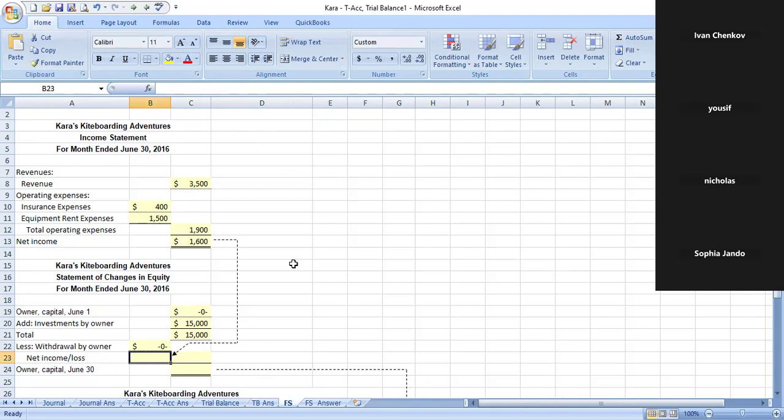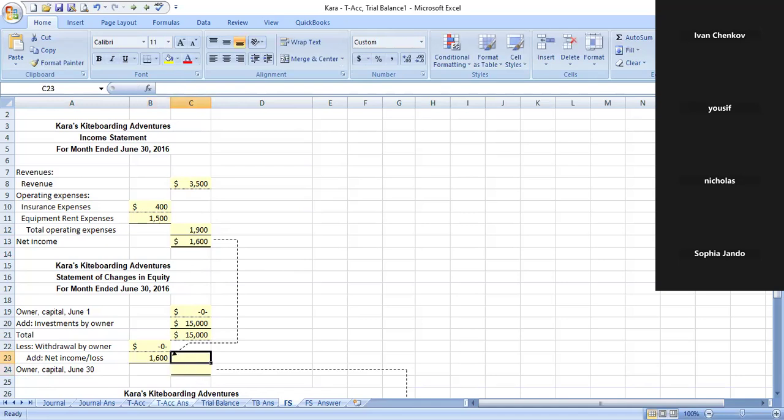Did the company generate income? Yes. How much did the company generate? So now what we have to do is add the net income. And the company generated exactly $1,600.